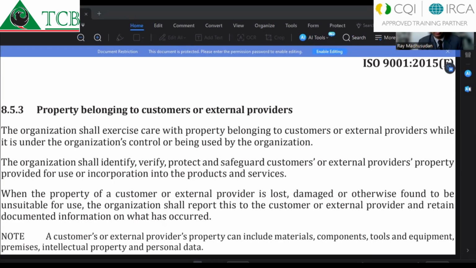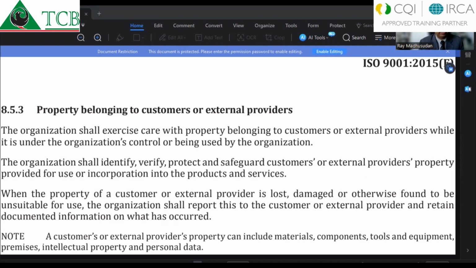We will look at the standard, ISO 9001 clause number 8.5.3, what the standard requires an organization to control properties belonging to customers and external providers. ISO 9001:2015, clause number 8.5.3, property belonging to customers or external providers.